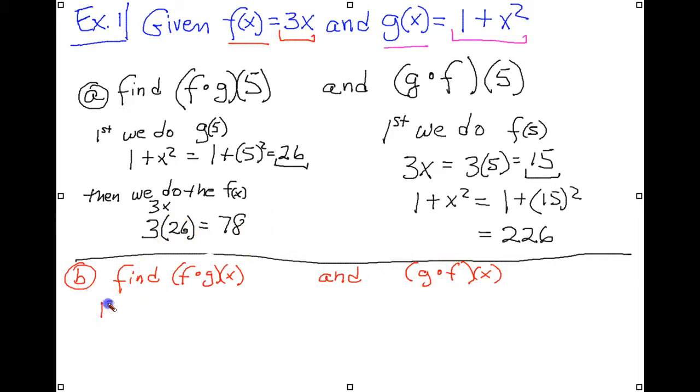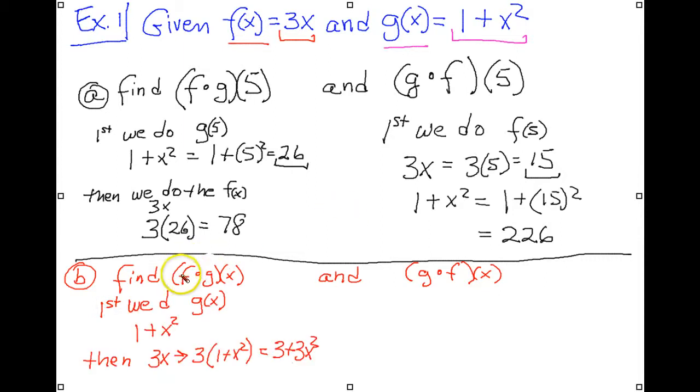First, so as we start this composite, first we do g of x, which g of x is this. So our x is 1 plus x squared. Then we now know what our x value is.